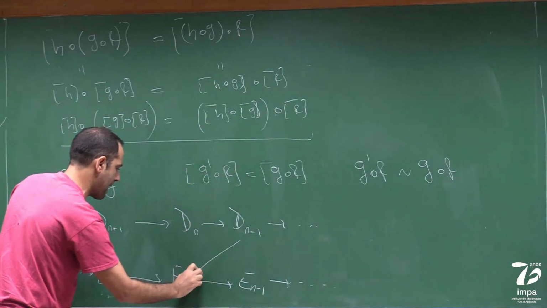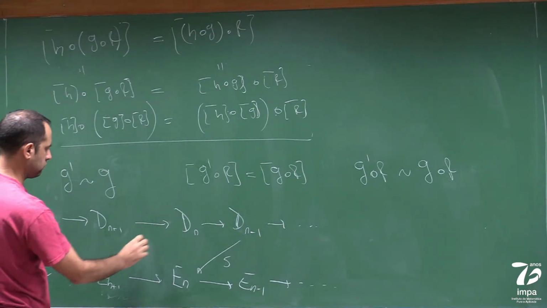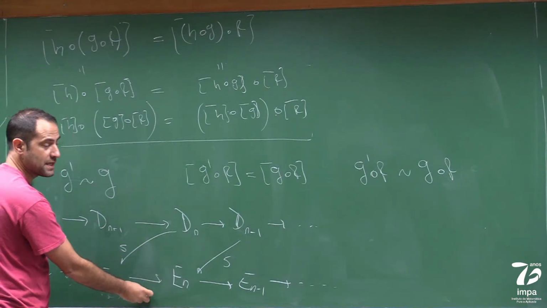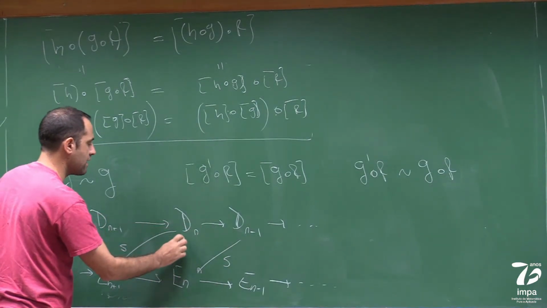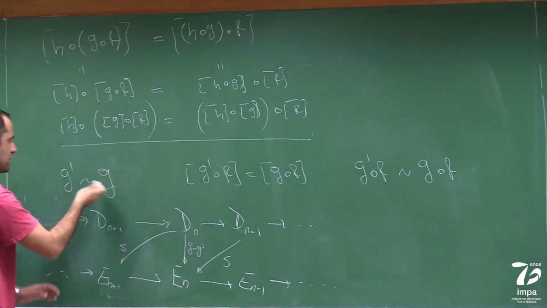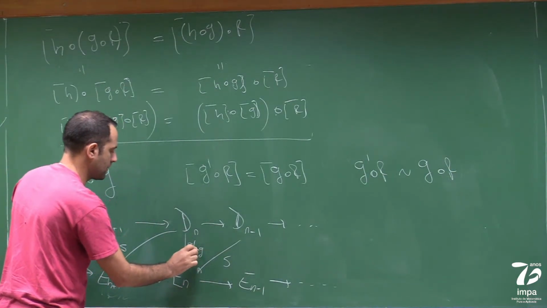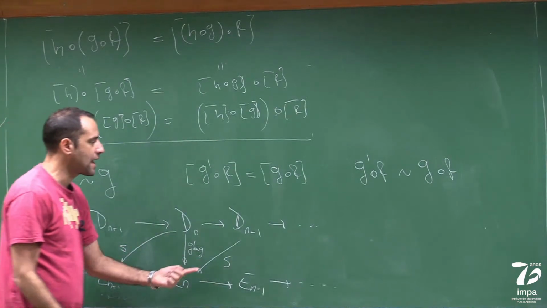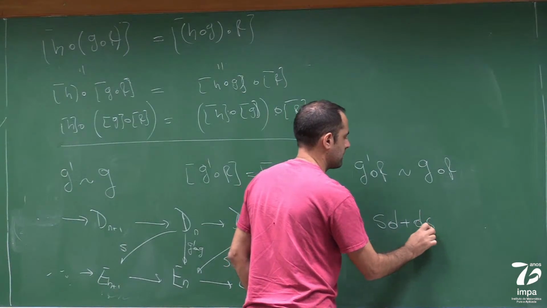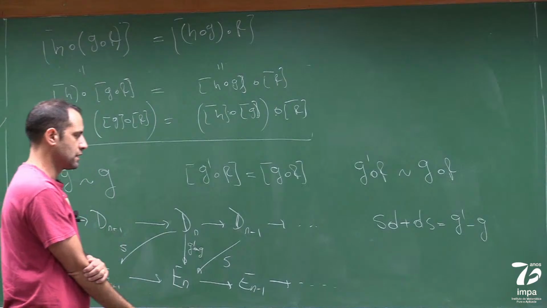And I'm given these maps S, such that S composed with D plus D composed with S here, I get G minus G prime, or perhaps G prime minus G, depends. I think I defined it this way so that there is G prime minus G. Okay, so what I have is these maps S such that SD plus DS is equal to G prime minus G. So that's what I have.